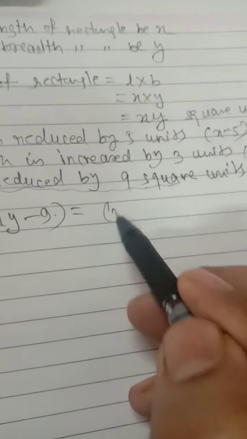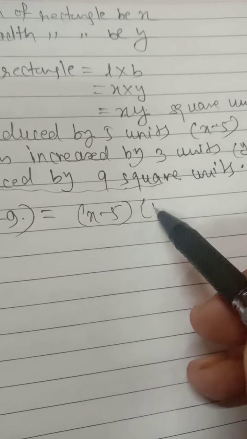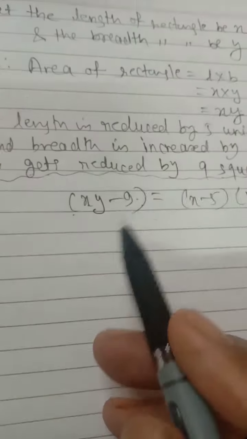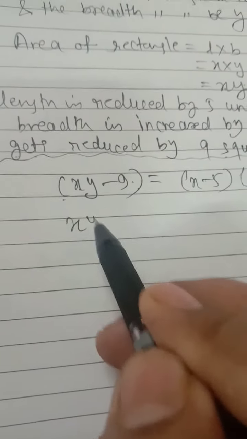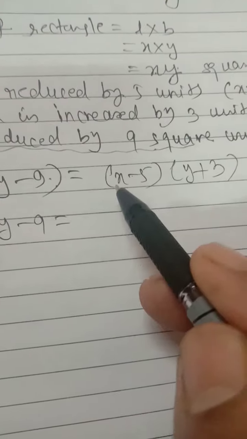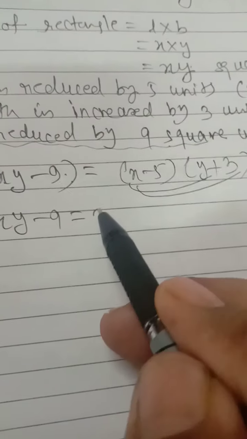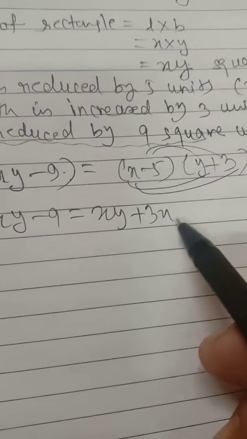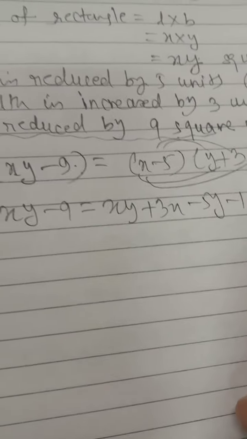Area is equal to length into breadth. This is the length, x minus 5, and this is the breadth, y plus 3. Understand? We are using the same formula. Area of a rectangle is equal to length into breadth. Now solve it properly. xy minus 9 is equal to, multiply x with both, xy plus 3x, minus 5y minus 15.